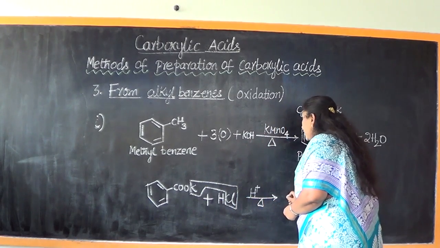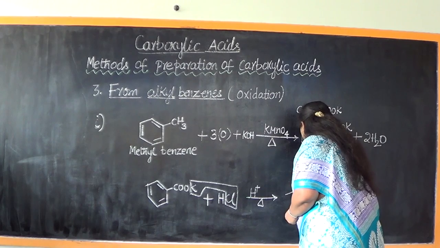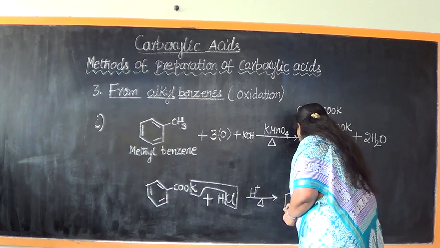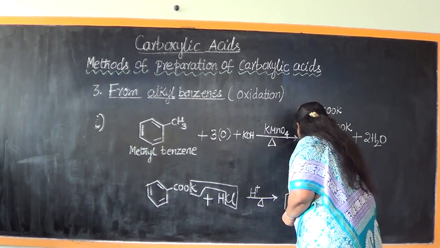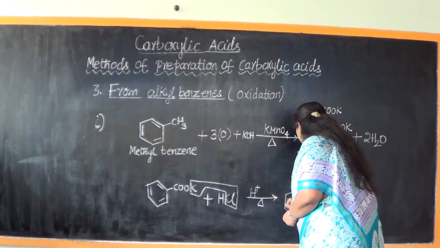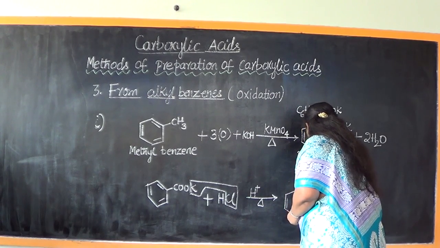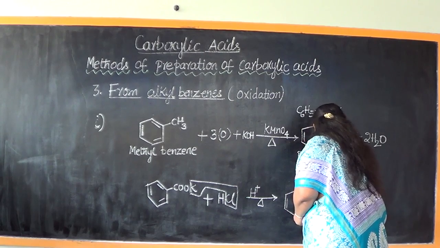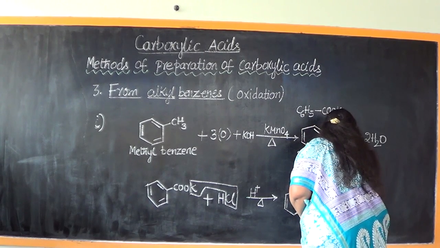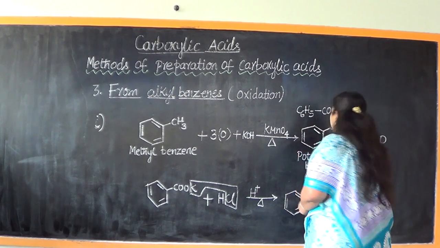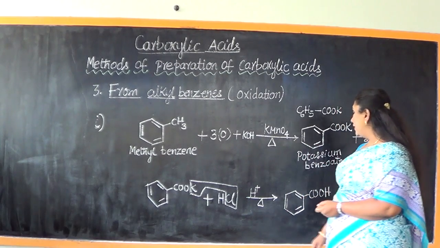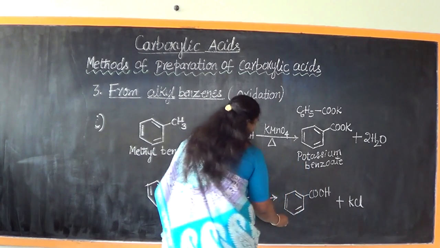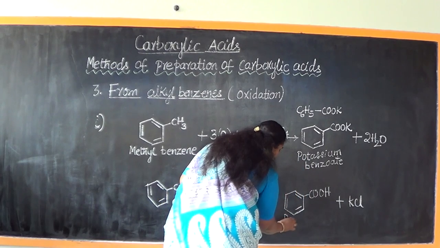So now what are we going to obtain? This is acid hydrolysis as well. So we obtain C6H5COOH along with KCl.